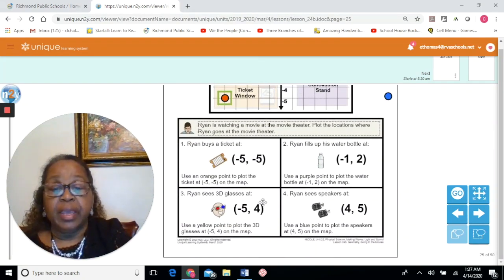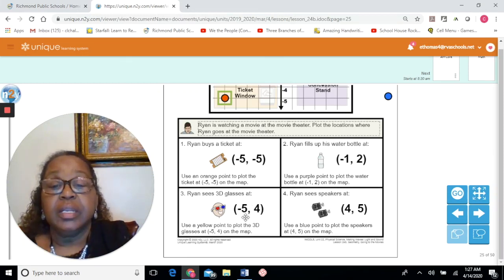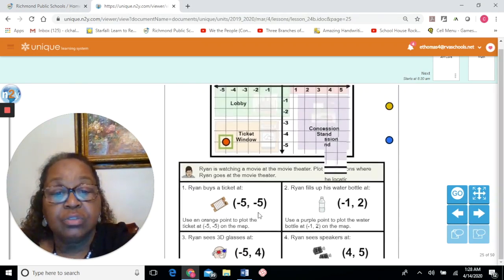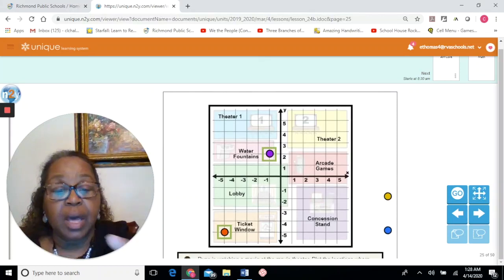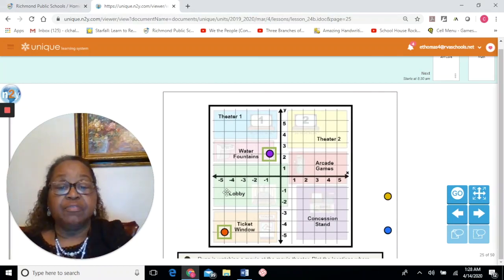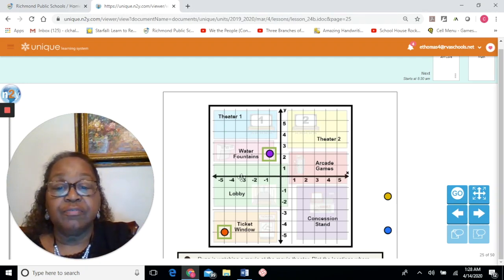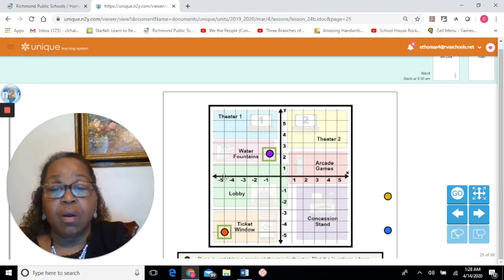All right, let's see what our next number is. The ordered pair is -5, +4. The x-axis is -5, the y-axis is +4. So let's go to our map and plot our points. -5, point of origin, x-axis first, -5. Excellent, here we are.